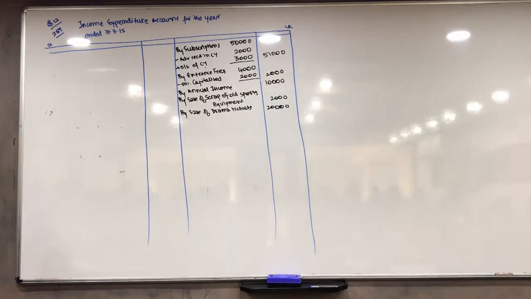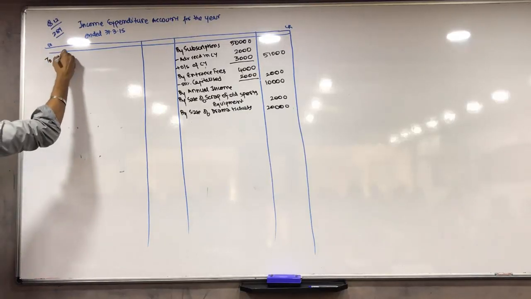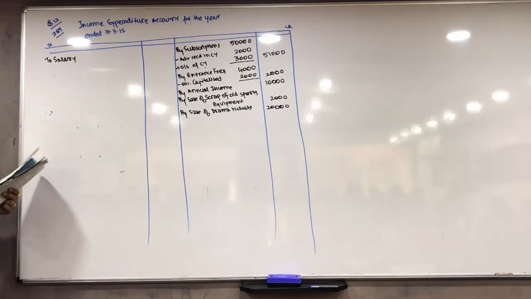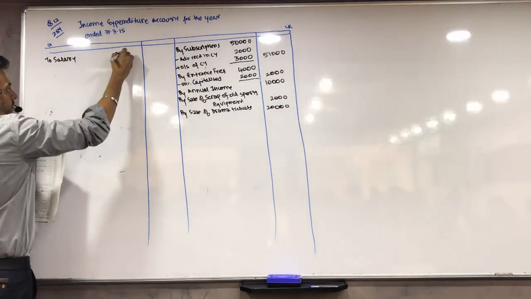Salary is our expense. So to salary, the amount is 24,000.